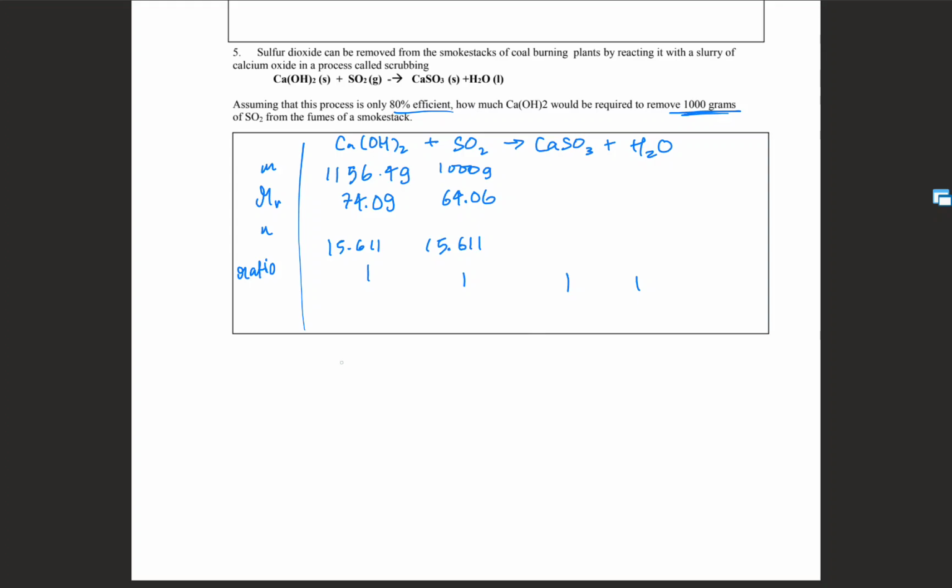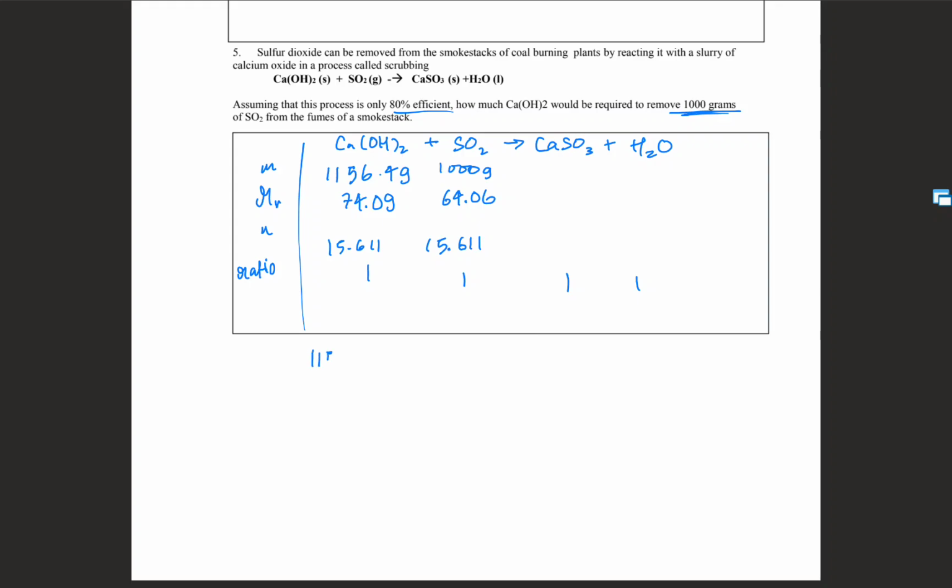The actual, now that the process is only 80% efficient, we're going to take the theoretical. As the process is only 80% efficient, what that means is that we'll need more calcium oxide because it's less efficient, so we need to use more to make up for it.